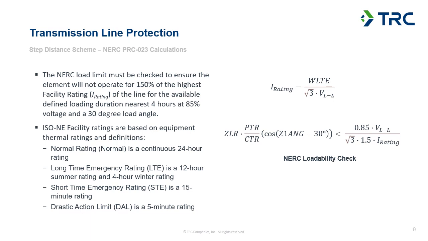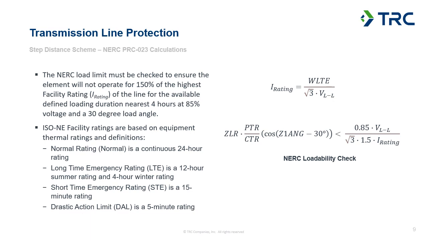So ISO New England bases their facility ratings on a few different definitions. And this is all stuff that is done through thermal modeling analysis and evaluation of every individual line. It's something that's looked at for every piece of equipment throughout the power system. The normal rating is a continuous 24-hour rating.